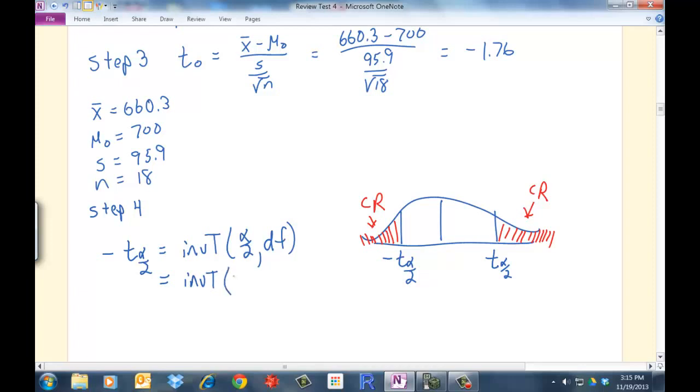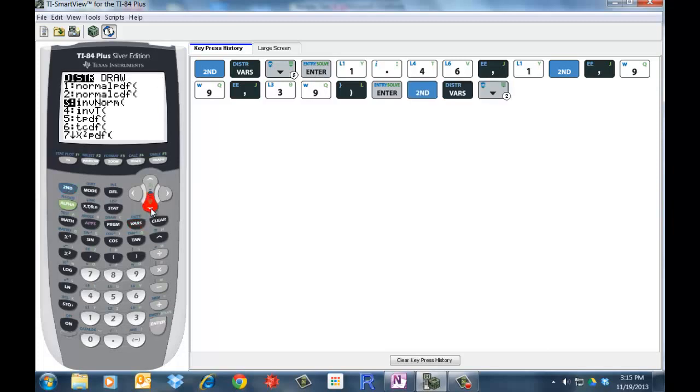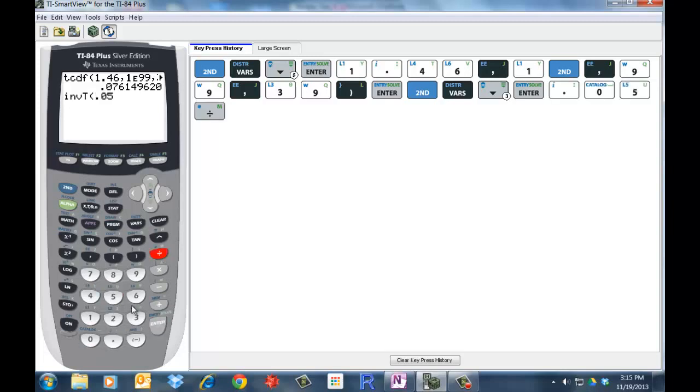So alpha is 0.05 over 2. Degrees of freedom is 17. So let's go over here and see what we get for the critical value. Inverse t, alpha by 2, comma, degrees of freedom, and we get 2.11.